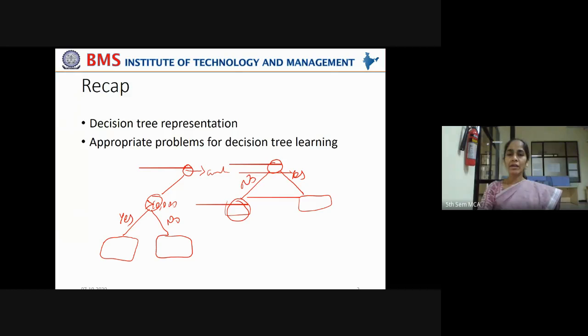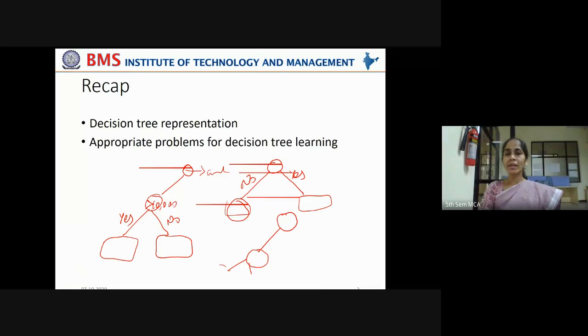So whenever an attribute is checked, that is checked at the root of a tree. Now, when a further condition is checked, it is again the root of a subtree, not the root of the entire tree, but a subtree. Now, this subtree can further branch into different conditions. Again, conditions may be checked, or it may reach the leaf node. Why? Because the classification task has been completed.